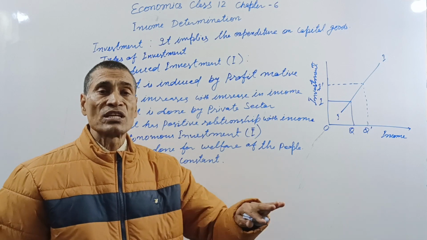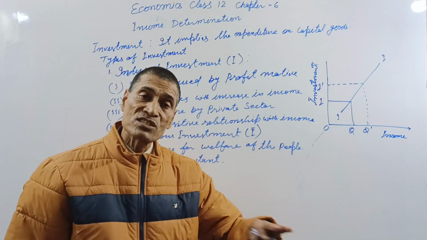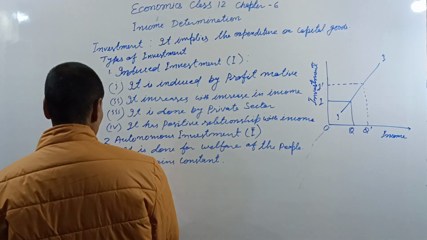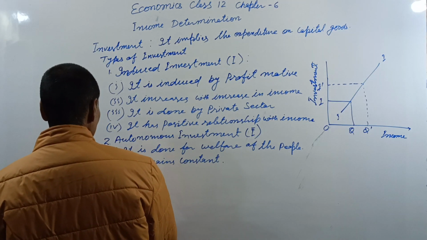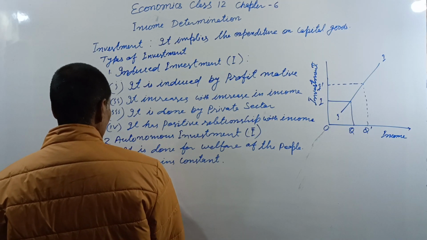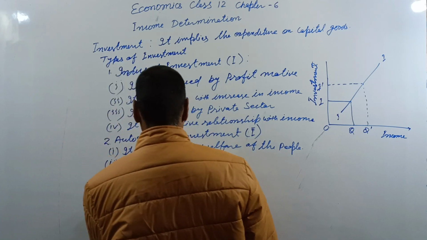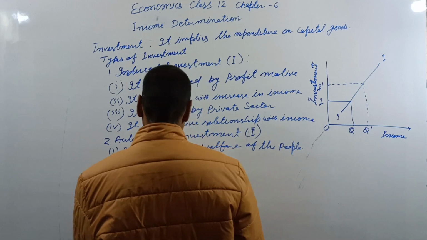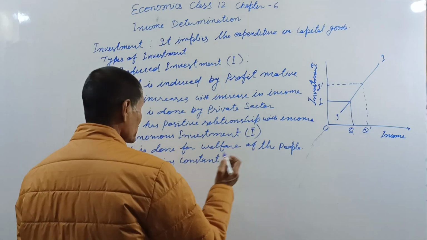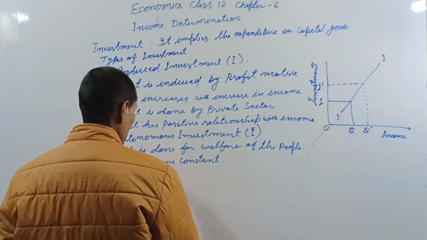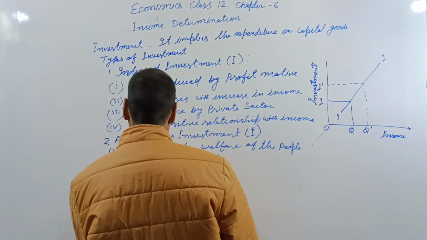Autonomous investment remains constant. And third thing, since it is constant, that is why it is parallel to the axis. It means here is the autonomous investment curve. Its curve you can write here.